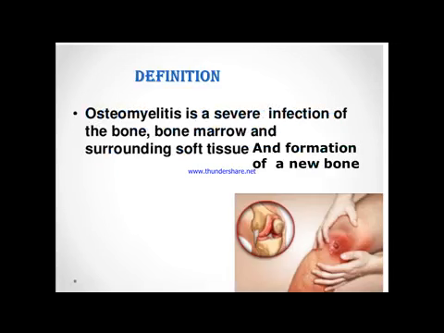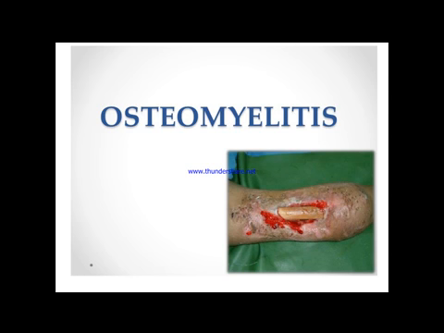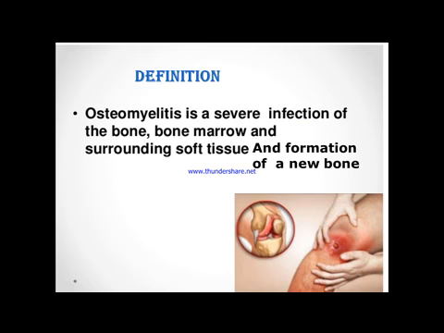So we have seen once again the definition. Osteomyelitis means a severe infection of the bone, bone marrow and surrounding soft tissue and formation of a new bone. Remember, osteo means bone, myelo means bone marrow, and itis means infection.